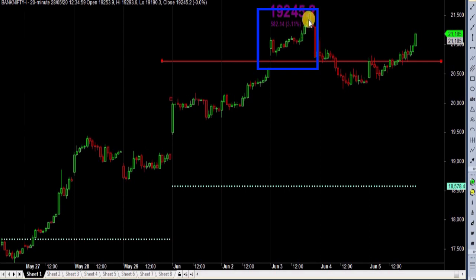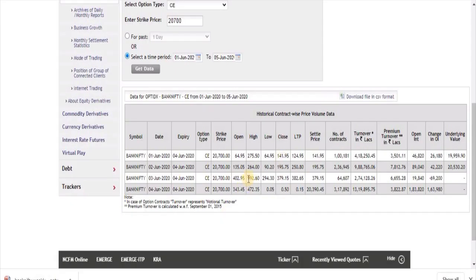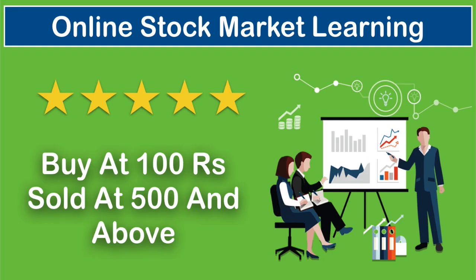So you can imagine what the high of this was. So 900. You bought something below 100 rupees, or for example you bought at 100 rupees, and the price of the same call is 900 rupees. Just imagine 800% profit on this.